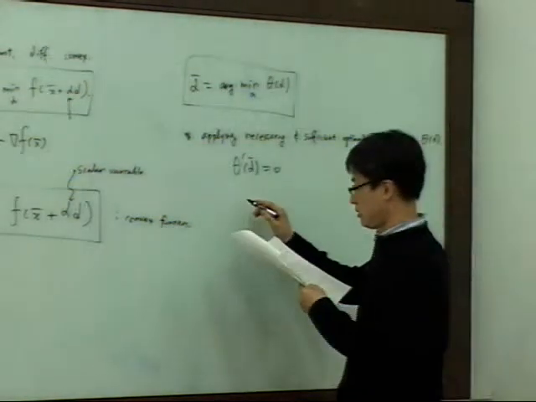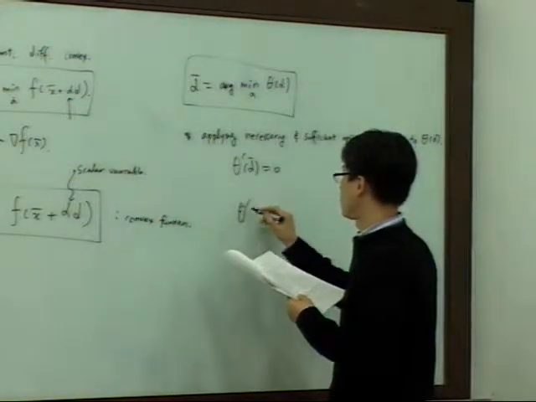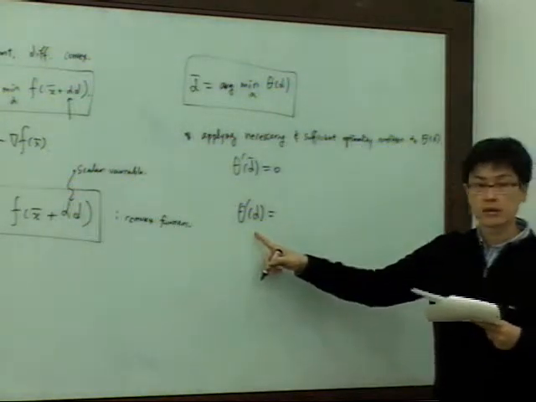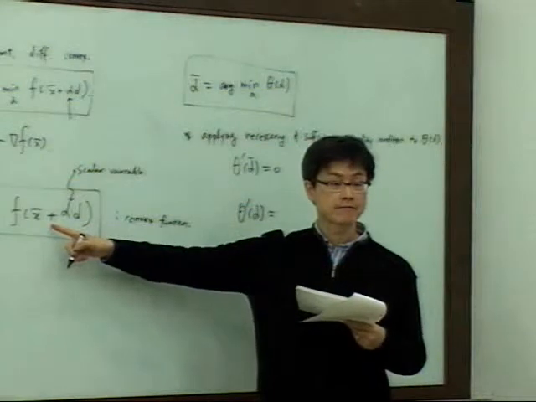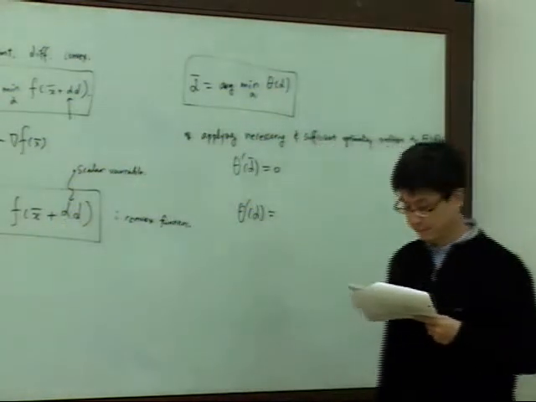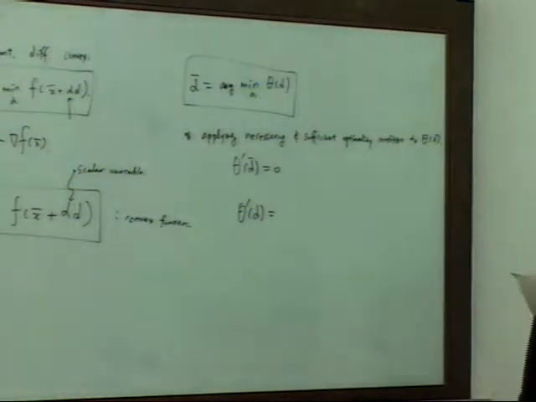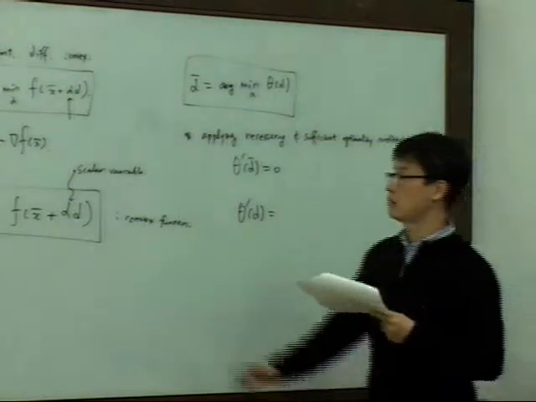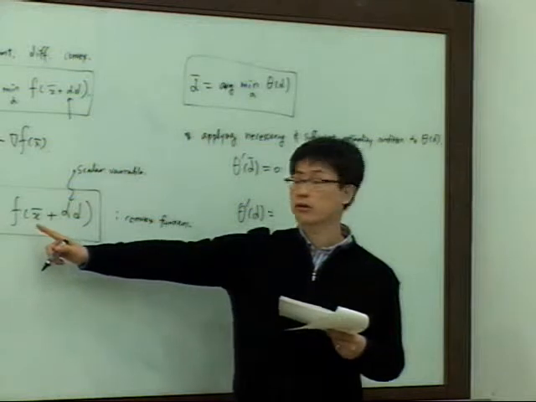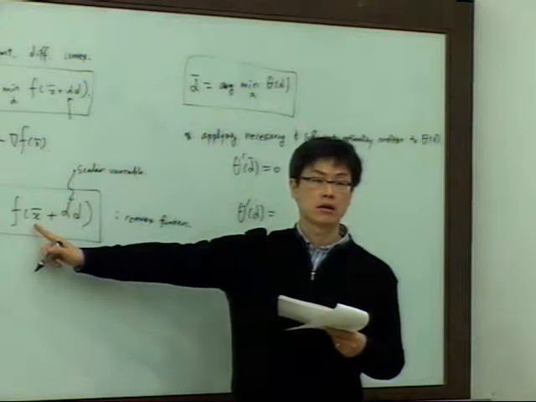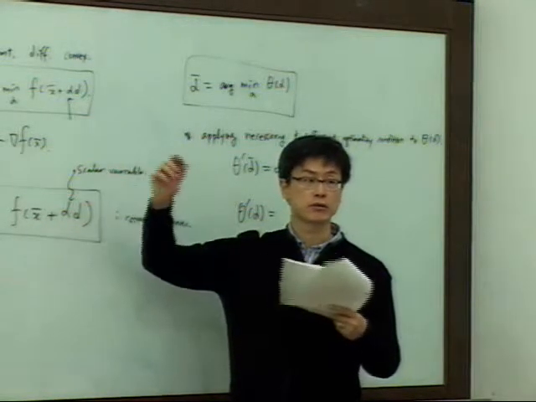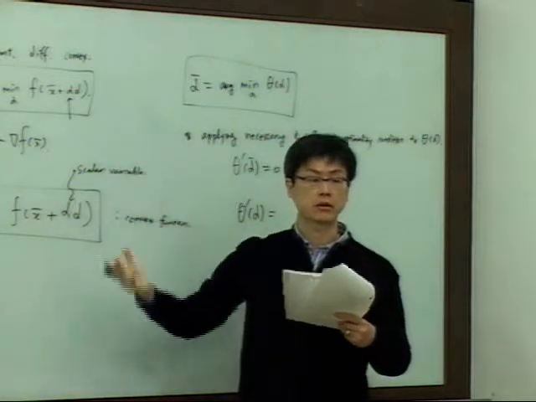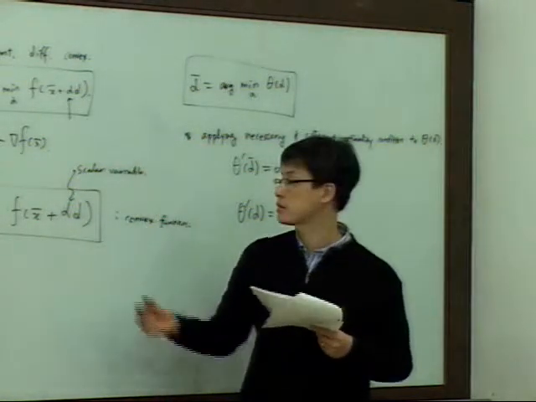And can you rewrite this in terms of this f? F is a function of this x1, x2, x3, a vector, a point in an n-dimensional space.